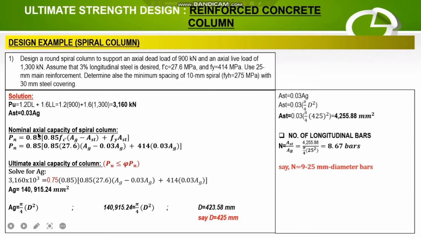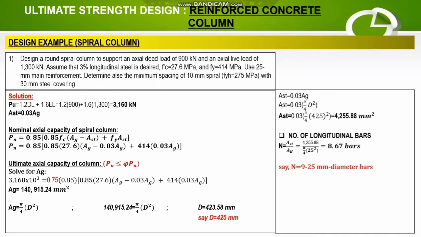So the 0.85 factor is used since it is a spirally reinforced column. After plugging in the values, we have P sub n equal to 0.85 times the quantity of 0.85 times 27.6 times the quantity of Ag minus 0.03 of Ag, which is derived from the value of AST, plus 414 times 0.03 of Ag. So that is the solved equation for our nominal axial capacity.